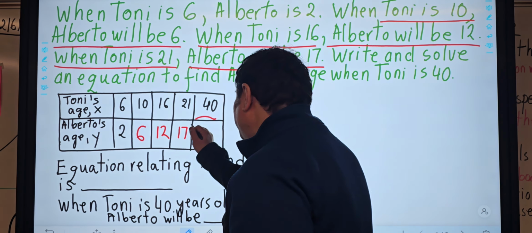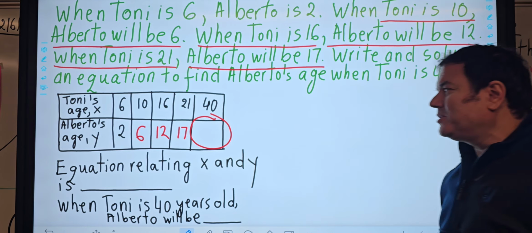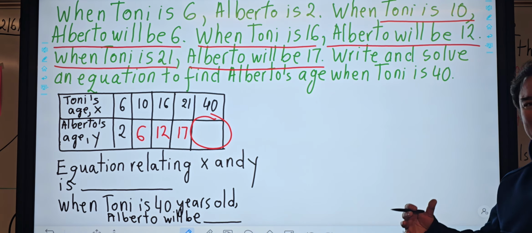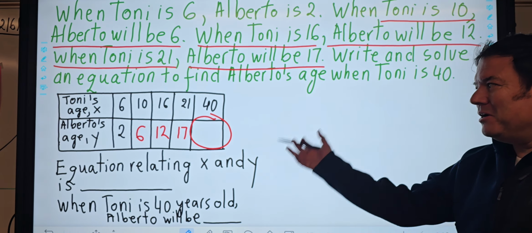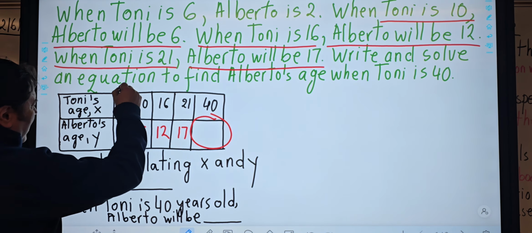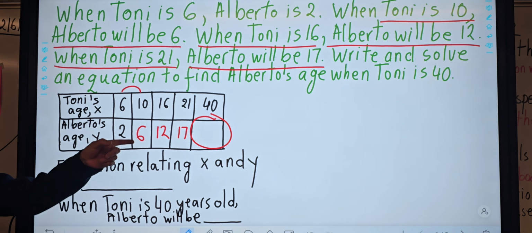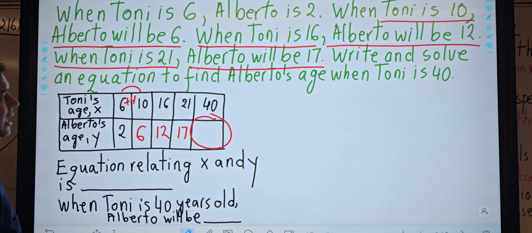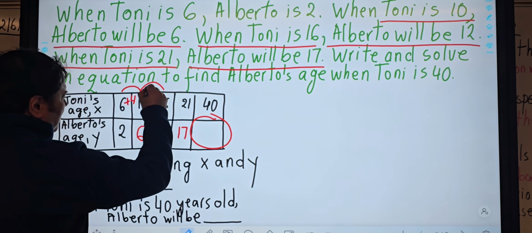So let's do the same thing to find Alberto's age when 20 is 40. Again, let's take a look at some patterns for x and for y. From 6 to 10, we're adding 4. From 10 to 16, we are adding 6.